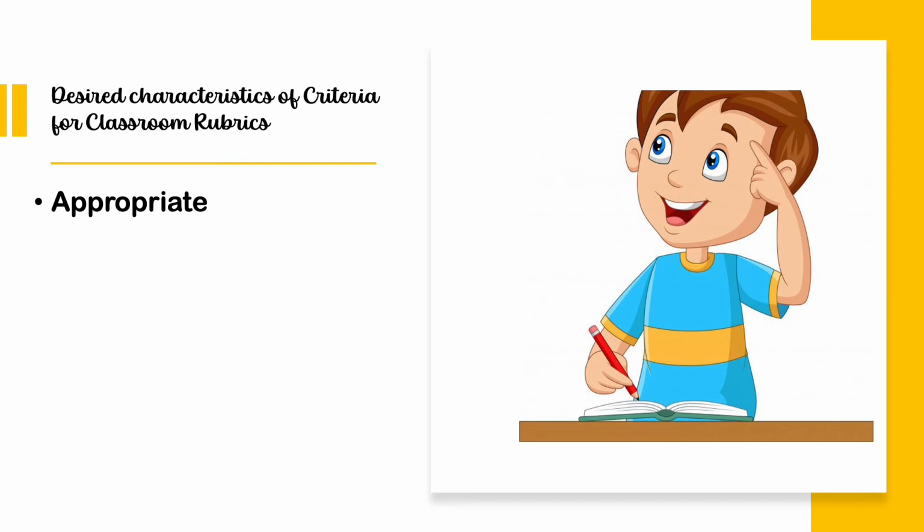So be sure that the criterion in the rubric that you are making represents that standard in the goals and the objectives of the students. Whatever the objectives the students are intended to learn, we should provide it from the start, from the beginning.